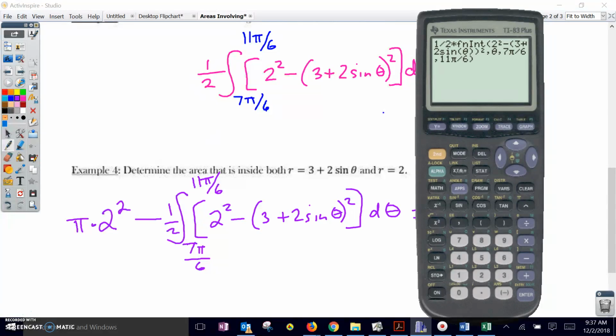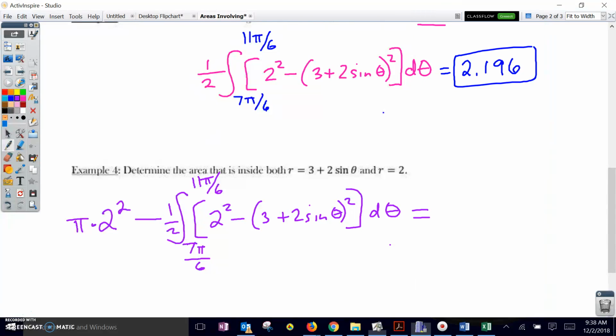So I've got this area, and I'm going to take pi times 2 squared minus my previous answer. And I get that the area of this region is 10.370.